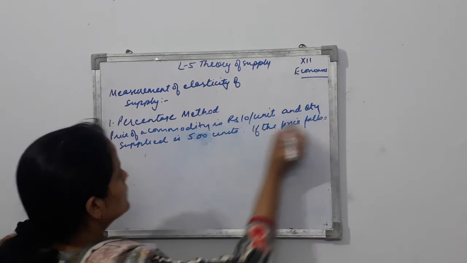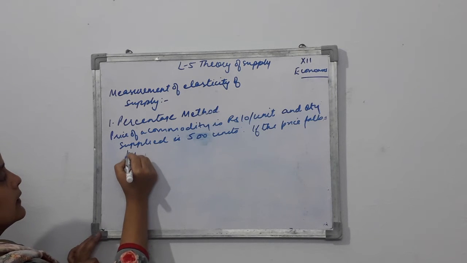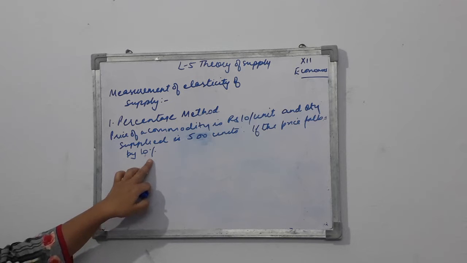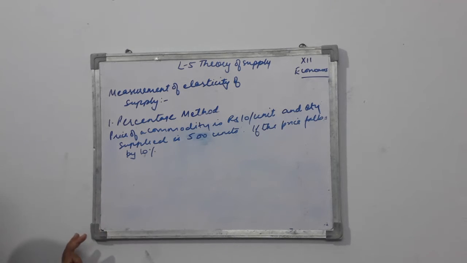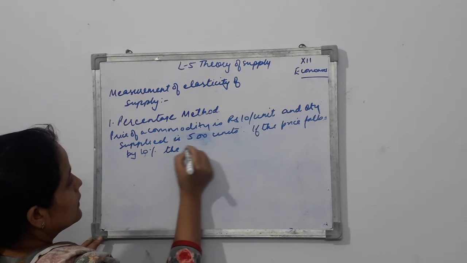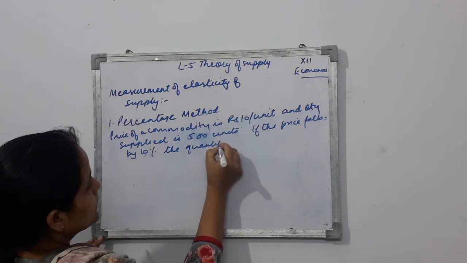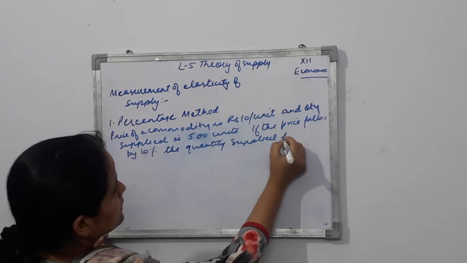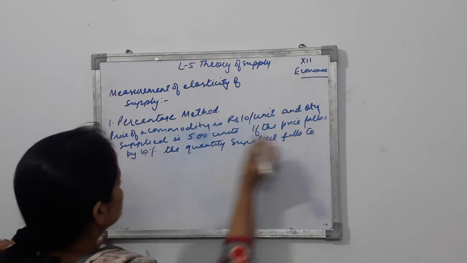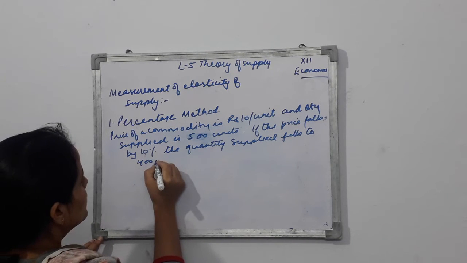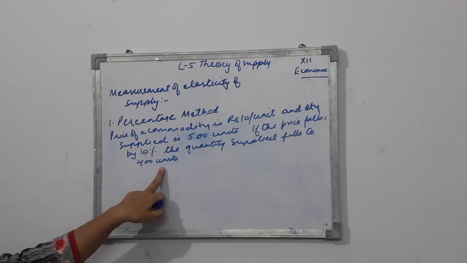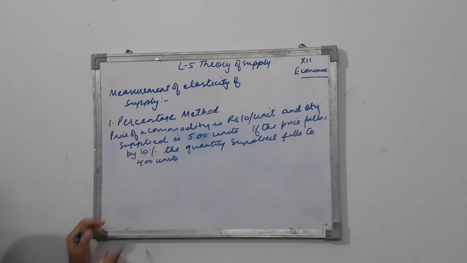If the price falls by 10%, the quantity supplied falls to 400 units. Okay?